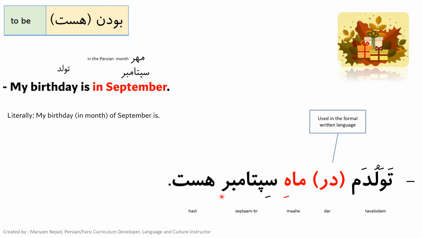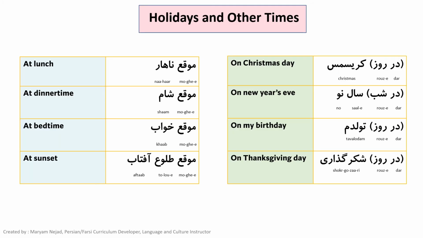And then in the spoken language, we get rid of hast, and it becomes a silent he here, so septembre, right? So this sentence in the spoken language is تولدم ماه سپتامبر.